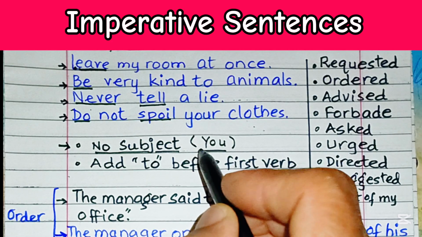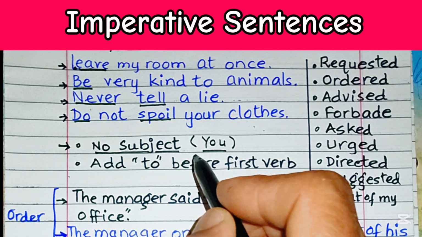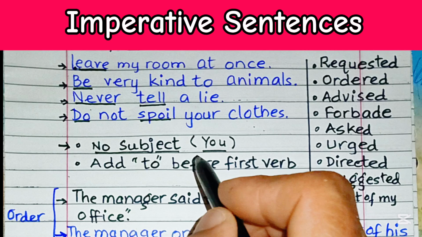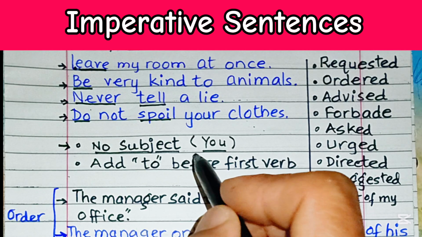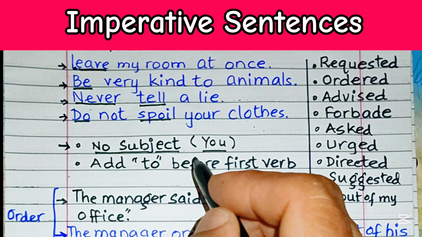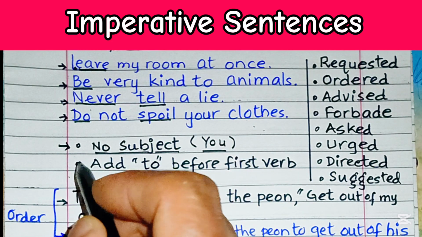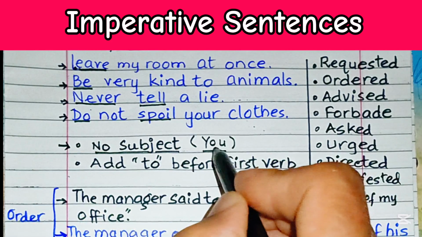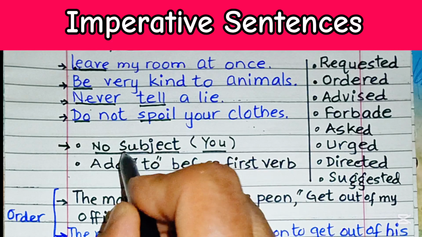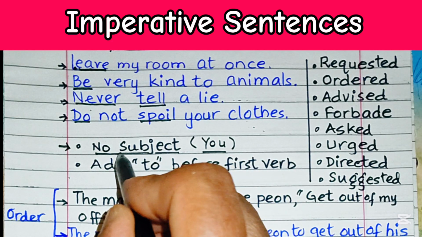You leave my room at once. You do not spoil your clothes. You be very kind to animals, or you never tell a lie. All of these expressions do have a subject, but it is not evident. It is something that is hidden.